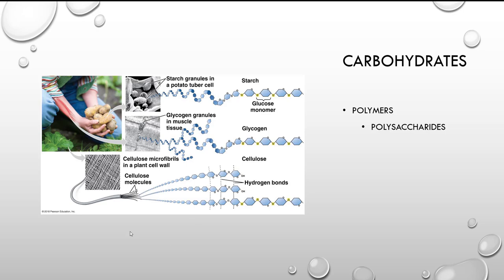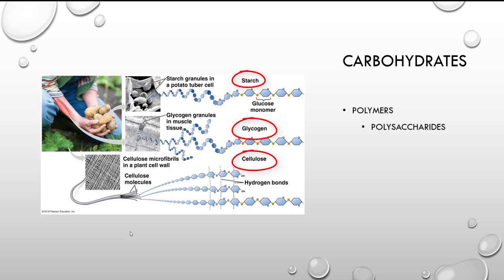Okay, so let's take a look at our final part of the carbohydrate, the polymer, which we call the polysaccharides. So polysaccharides mean many sugars or many saccharides linked together. So with this we have basically 3 main types that we go over. We have starch, glycogen, and our cellulose.